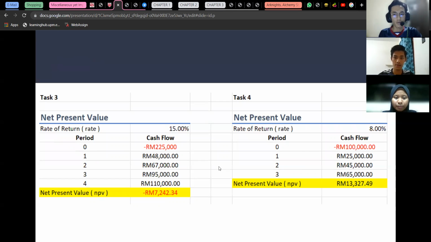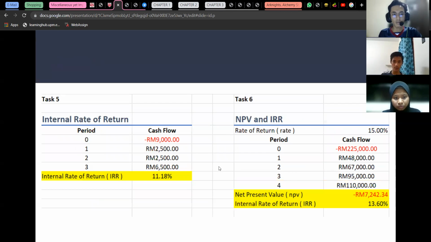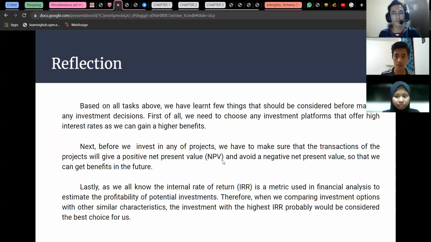For task 3 and task 4, the answer is also the same as the one that Amir presented just now. And for task 5 and task 6, the calculation in the Excel worksheet is also the same as the one that I presented just now. And that is all for all the tasks that were given to us.